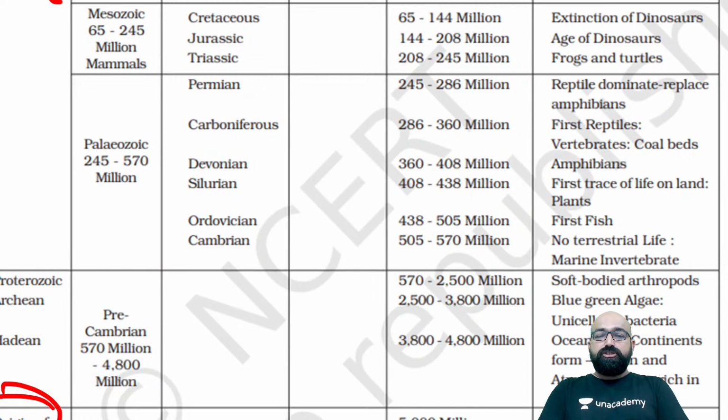So during the Paleozoic era, reptiles dominate and replace amphibians. Then vertebrates, then amphibians. So these are the events.